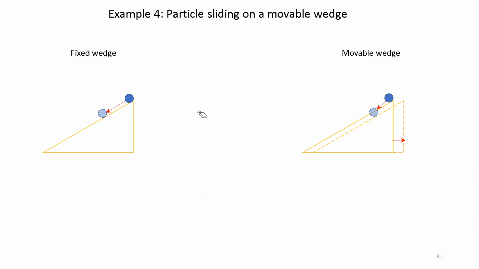Now I want to try to solve this problem over here, and I'm going to show you both using the Newtonian equations and also the Lagrange equation. This might be an example where you can appreciate that sometimes using the Lagrangian and Lagrange equation is easier to solve the problem.